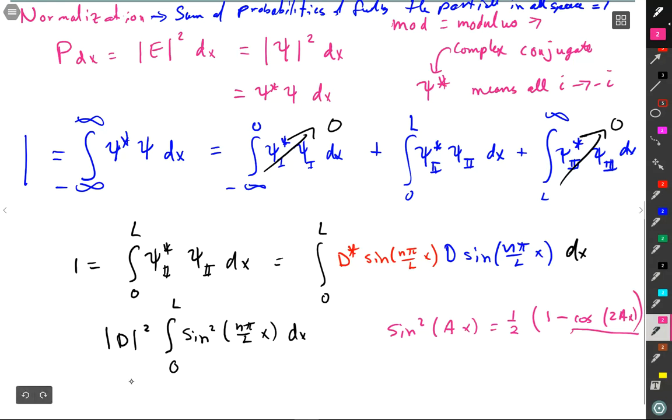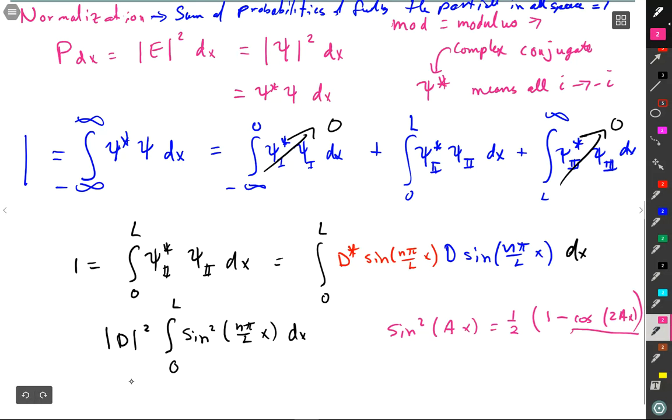But if I have 2, then I'm going from 0 to 2 n pi. Well, 0 to 2 n pi means I'm doing a complete cycle or 2 complete cycles or 3 complete cycles. What's the average of cosine over a complete cycle? 0. I didn't look this up, but it has to come out like this because it just has to.